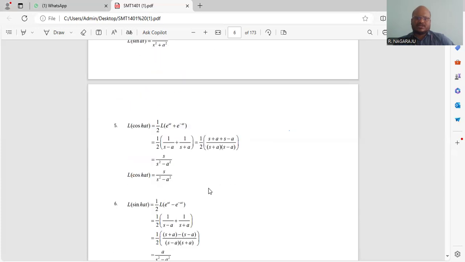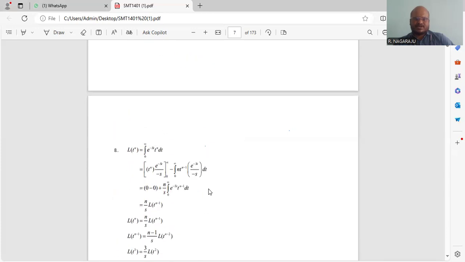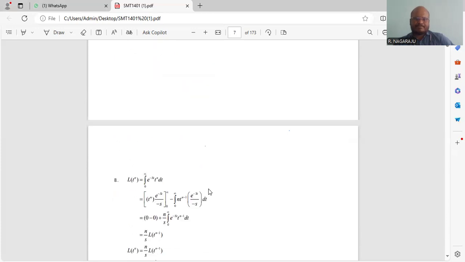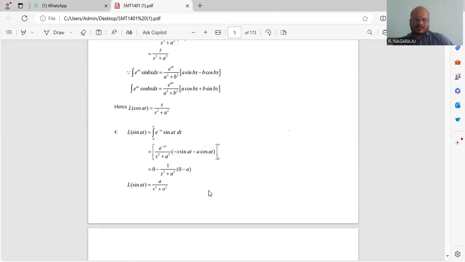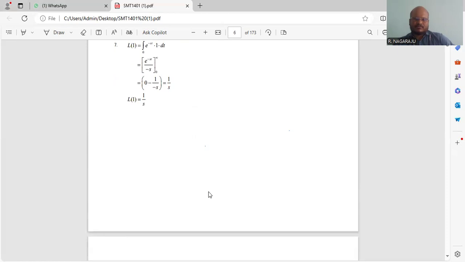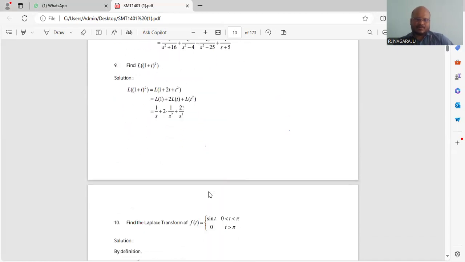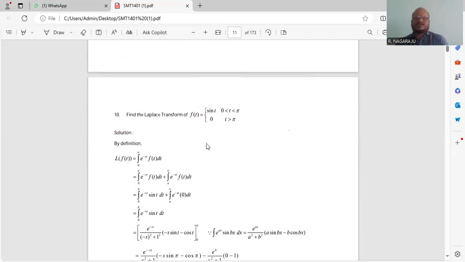So here the given function is a discontinuous one. Now see here, they are asking about sine t. The sine t is valued from 0 to pi only, and after that the value will be 0 if t is greater than pi.